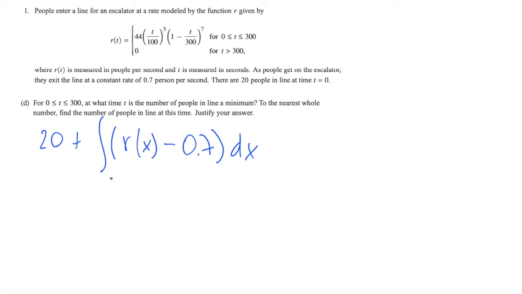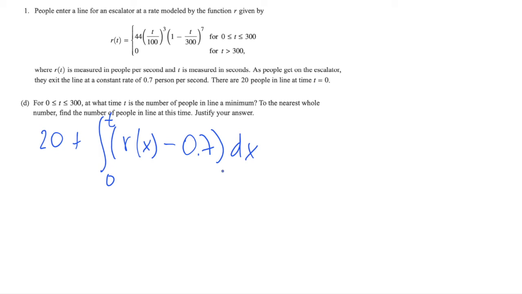In that exercise we had 0 to 300, but now we don't know when. We want to know when, so it's just 0 to t.